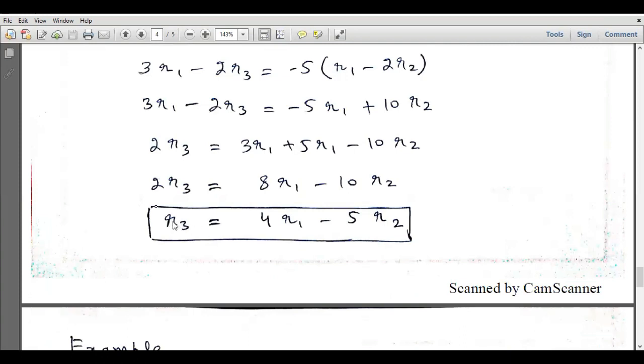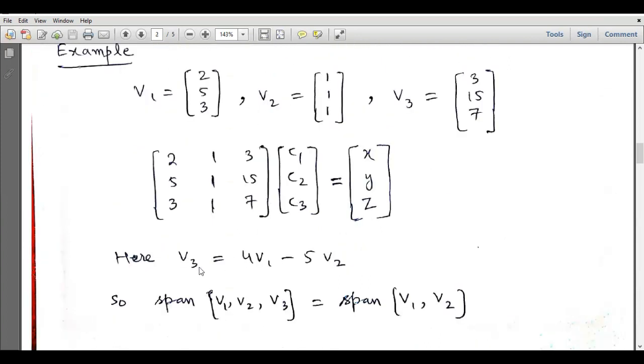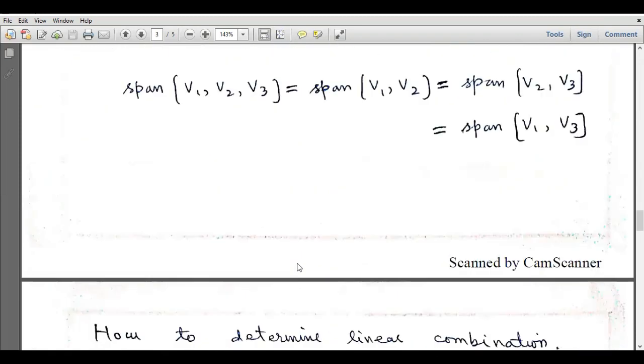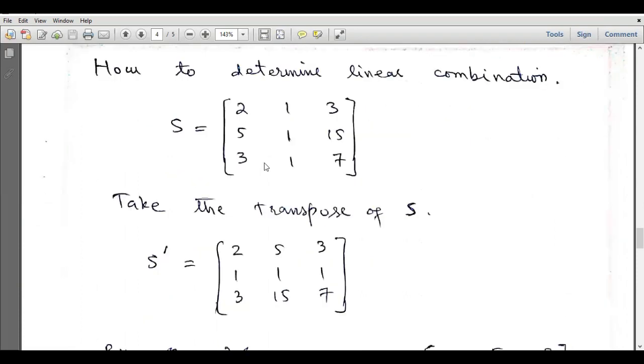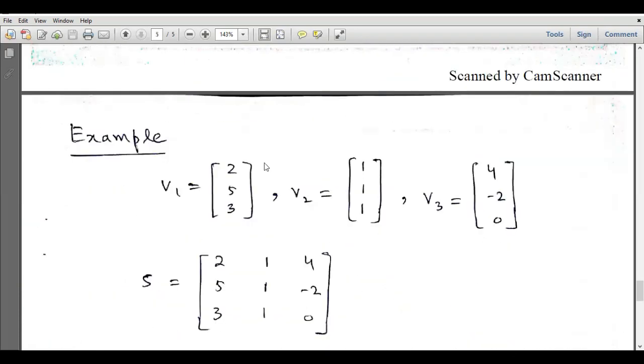So C3 will be equal to 4C1 minus 5C2, or we can say V3 is equal to 4V1 minus 5V2. And that is what we actually wrote here directly. V3 is equal to 4V1 minus 5V2. But at that time, we didn't know how to evaluate this linear combination. So this is actually the method in which we can evaluate the linear combination of the matrix.